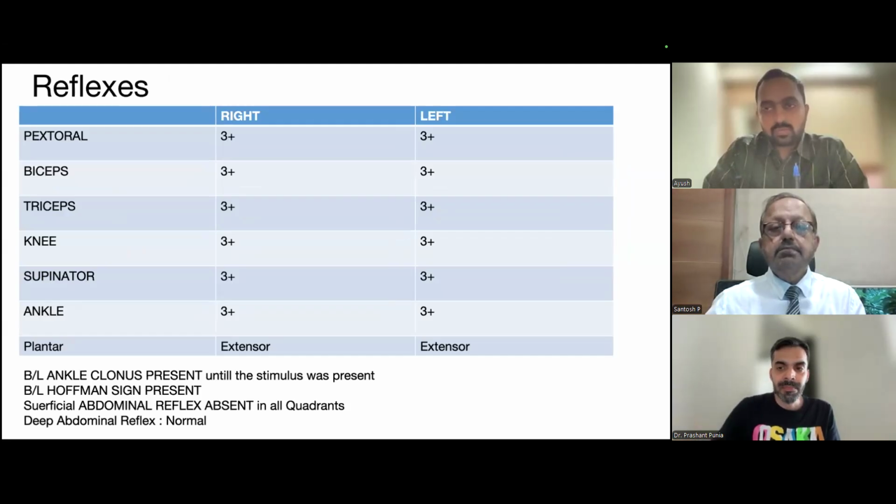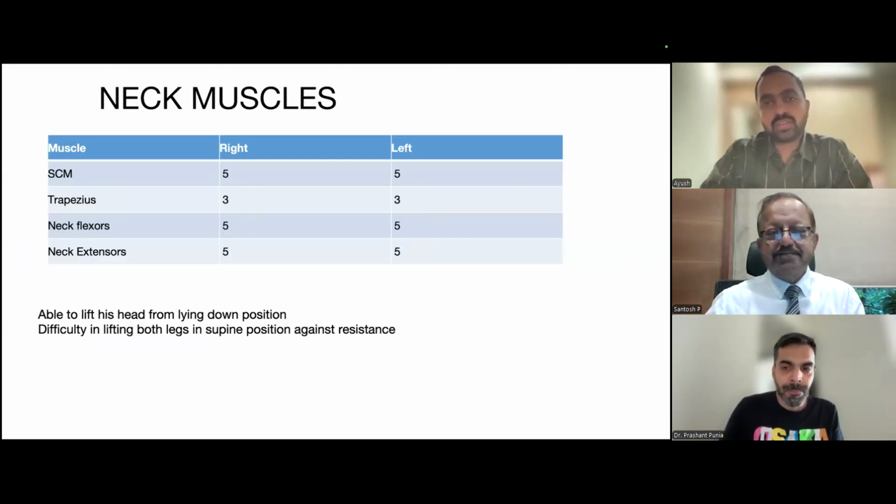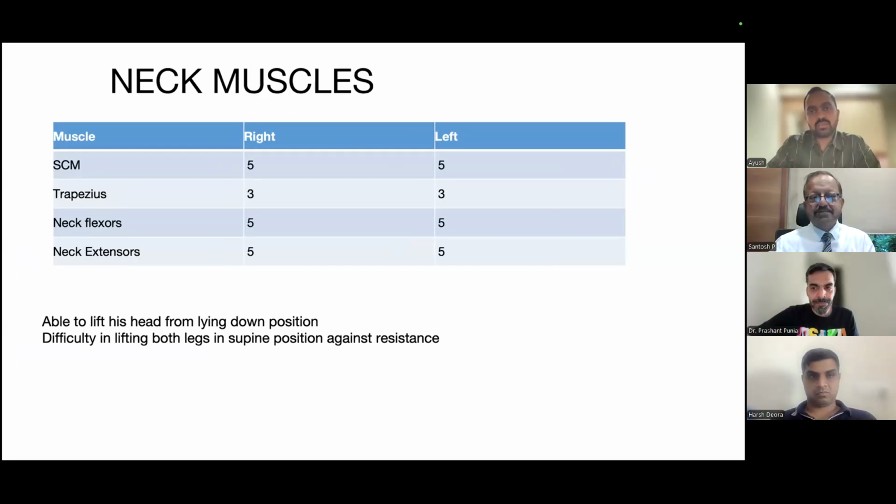Ayush, can you just go back? What do you mean by difficulty in lifting both legs in supine position against resistance? I was trying to check the truncal muscles, whether he could lift both legs. Truncal muscles means which muscles? Mainly the hip flexors and the abdominal muscles, the quadratus lumborum.